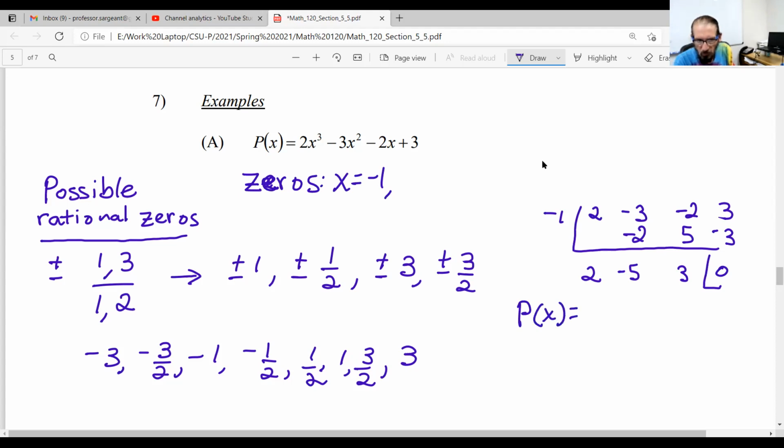The associated factor with x equaling -1 as a 0 is x plus 1. Then because I divided a cubic by a linear, degree 3 by degree 1, my other factor is quadratic, degree 2: 2x squared minus 5x plus 3.